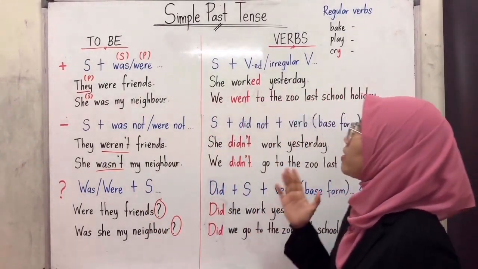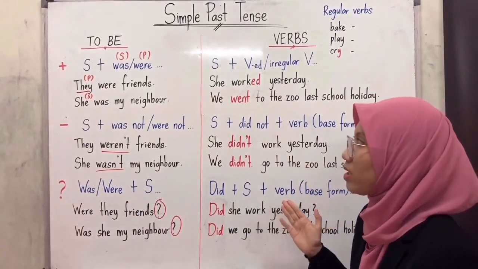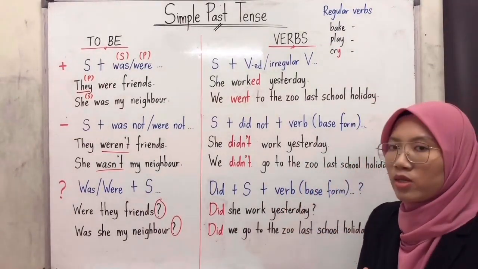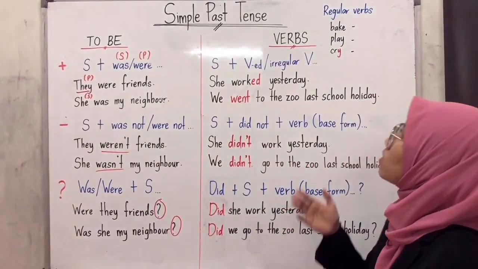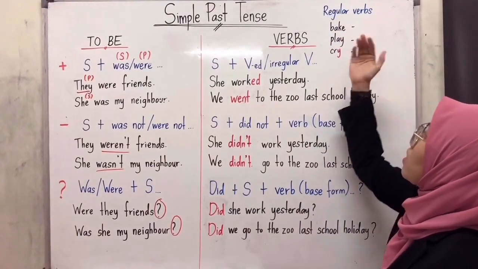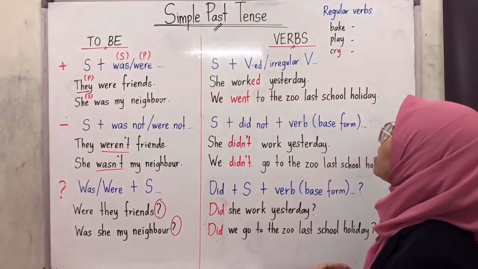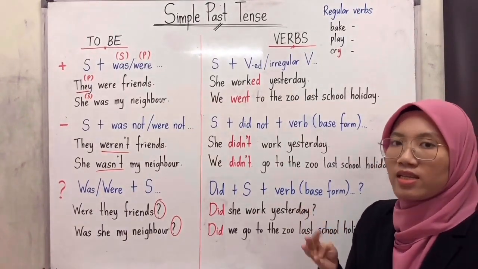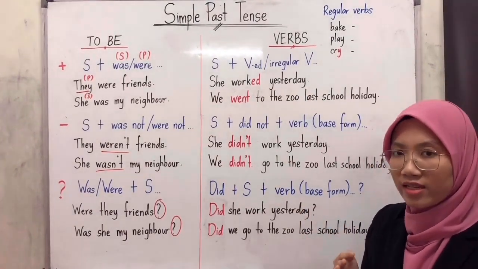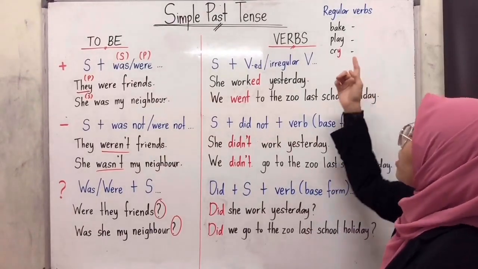Now let's look at verbs of movement. In verbs of movement, we have two types of verbs, which are regular verbs and irregular verbs. Regular verbs are verbs that you just add d, ed or ied to the end of the word.